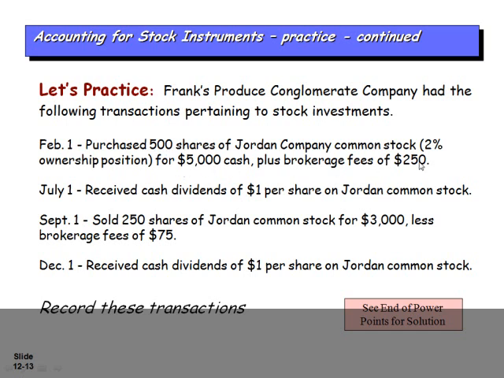And you're going to divide this $5,250 proportionally to this 250 shares. Finally, you're going to receive more dividends at the end of the year, but again, it's only on the remaining shares because you've sold 250 already. So stop the video, take a second, and do those journal entries.